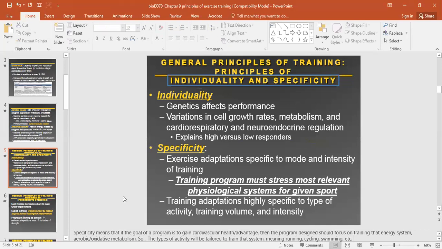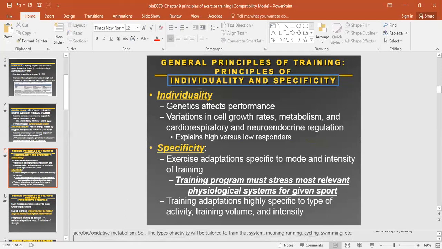Because the training adaptations are extremely specific to the type of activity you're doing, how much you're doing it, and its intensity. Your body will only respond to what you ask it to do. So if you run, that's important, your cardiovascular system, your cardiorespiratory systems will adapt.